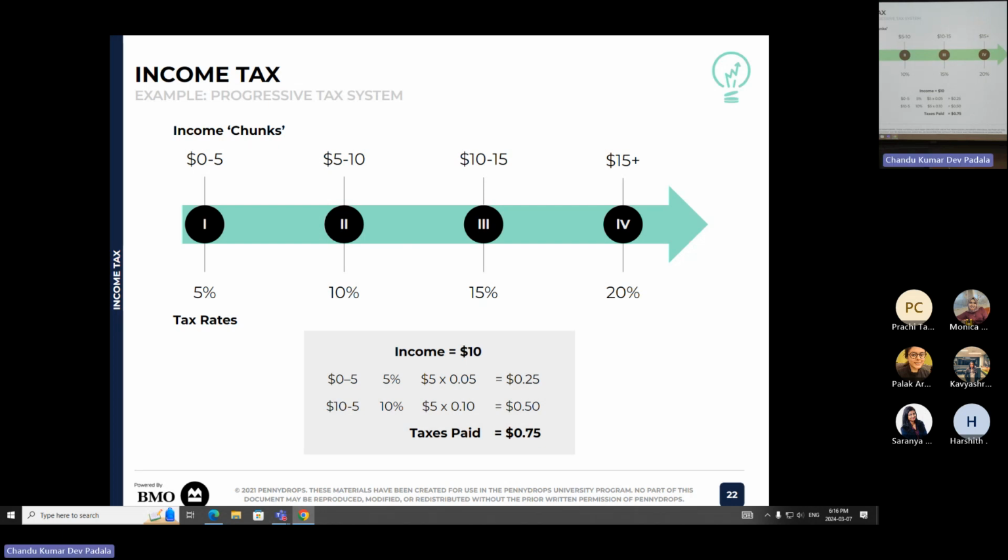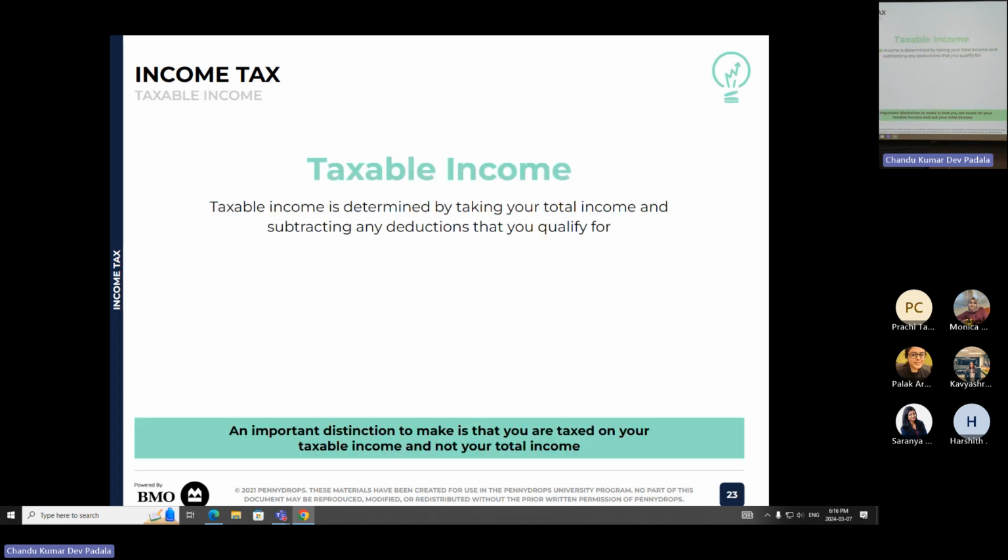Perfect. Now you'll probably make more than $10 in income a year, I would assume, so the numbers will probably be higher, and the percentages are also a lot higher. But this is just an example to show you how the progressive tax system works.